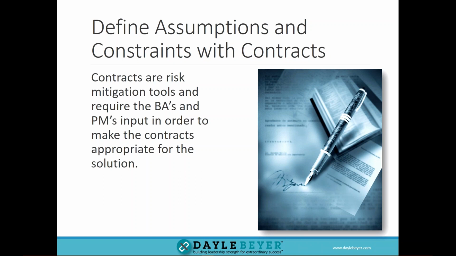I don't know about you, but I've been a victim of bad contracts. You look at the contract and go, who wrote this thing? What were you thinking when you came up with this kind of concept? I've also seen where we've done business with bad suppliers, bad vendors. Who picked that vendor? Based on which criteria? So we want to have this in place in order to create appropriate, successful solutions.